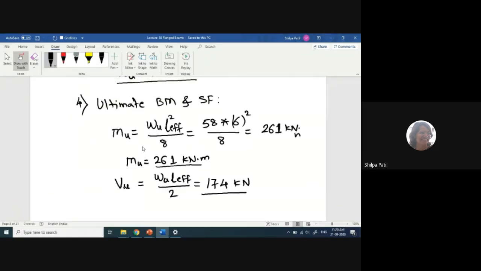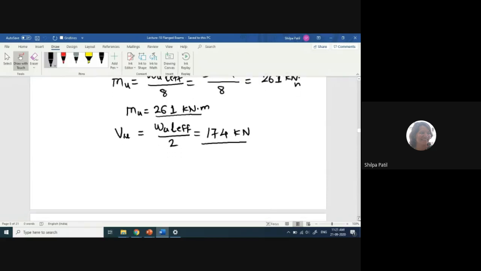Okay, so today we will continue the same problem for the next step. The next step is to calculate the moment capacity of the beam. So let us calculate the moment capacity of the beam. Just write down point number 5, or next step, as moment capacity.